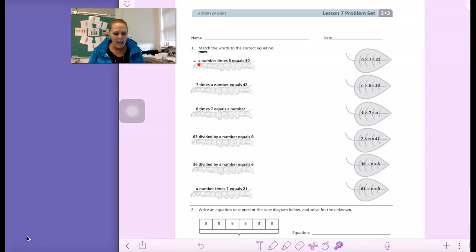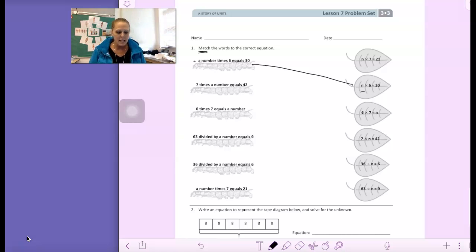So we want to have a number. We don't know what that number is. Times 6 equals 30. So I'm looking for something times 6 equals 30, and right there it is. So we have n, the unknown, times 6 equals 30.